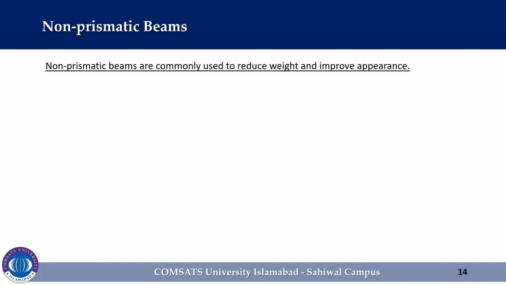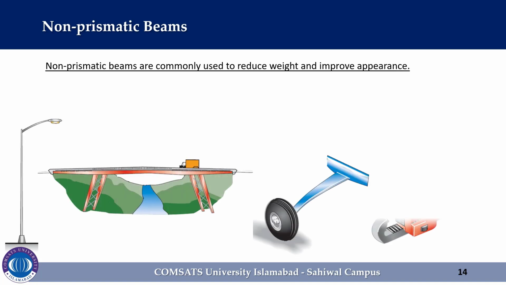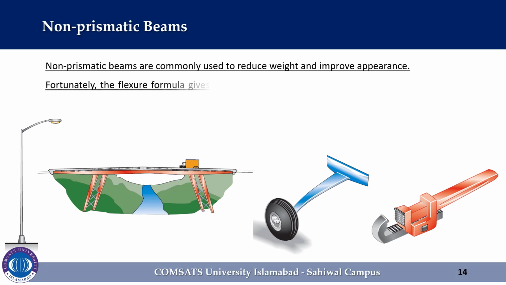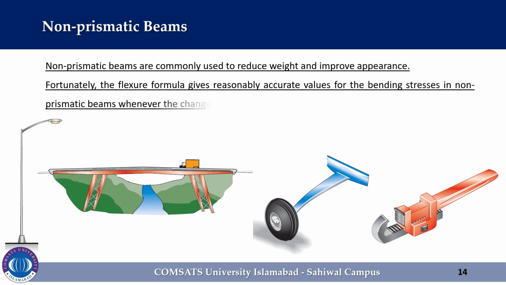Such beams are found in automobiles, airplanes, machinery, bridges, buildings, tools, and many other applications. Fortunately, the flexure formula gives reasonably accurate values for the bending stresses in non-prismatic beams, whenever the changes in cross-sectional dimensions are gradual, as in the examples shown in the figure here.